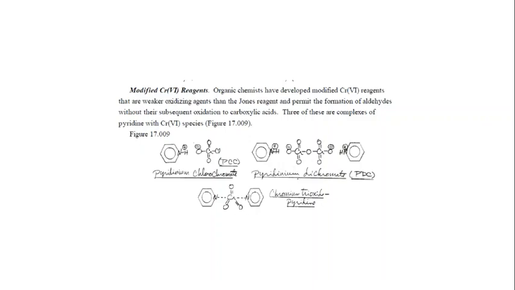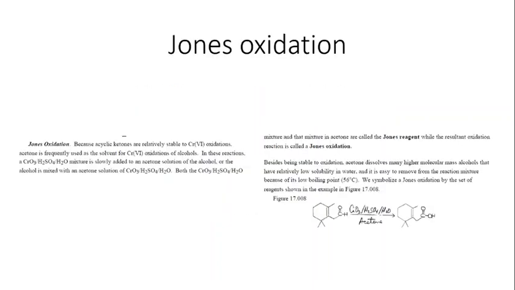You can see that the primary alcohol has been reacted with the oxidizing agent, that is the Jones reagent, and it has brought about the formation of the aldehyde in the first instance.